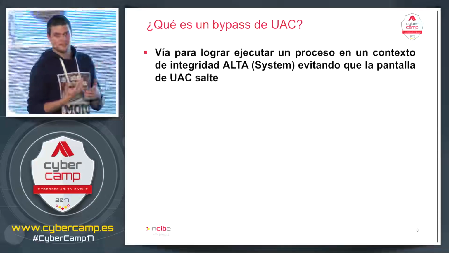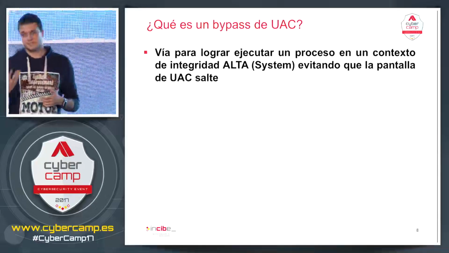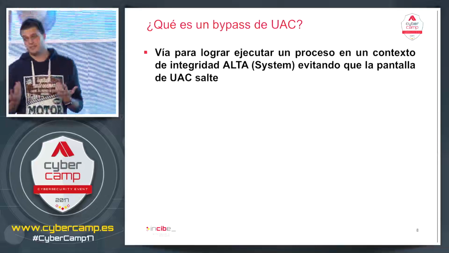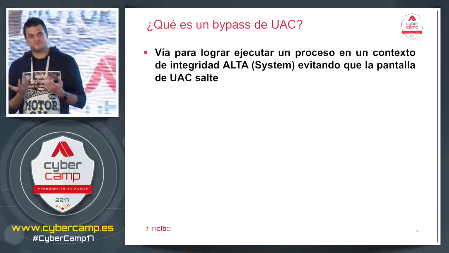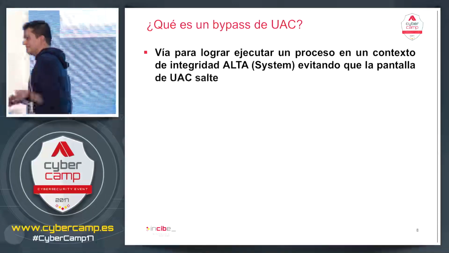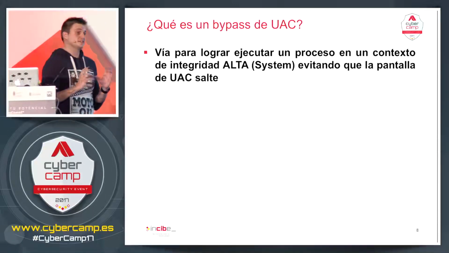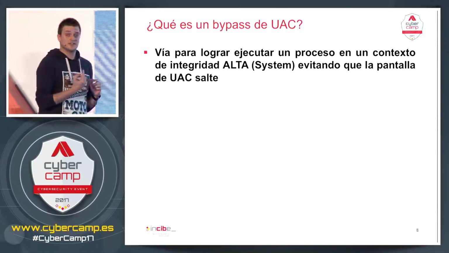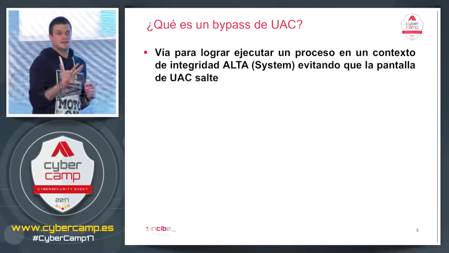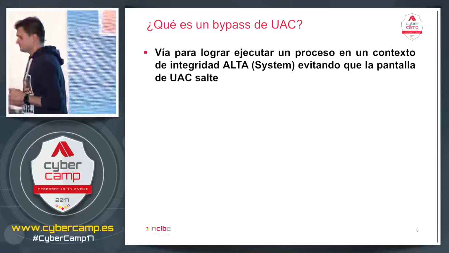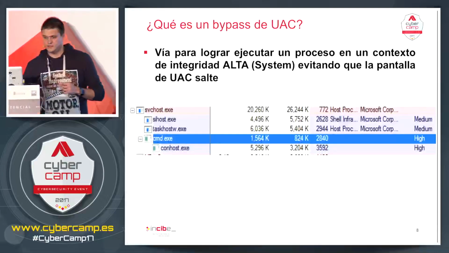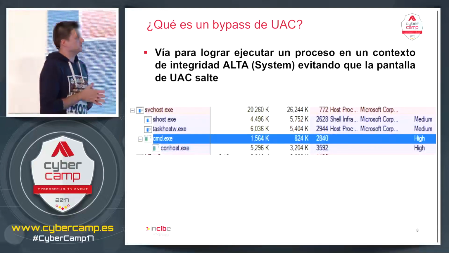If a high integrity process runs code, that code is run in high integrity. So the UAC bypass is precisely this: to run whatever I want to run without having the UAC pop up on the screen.